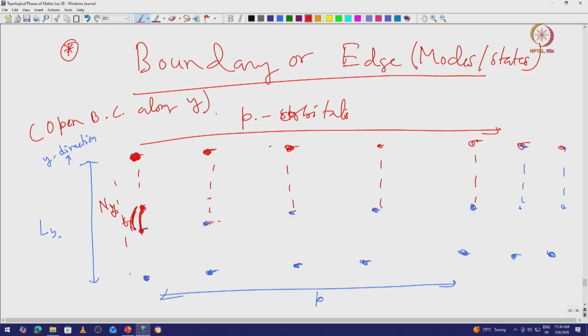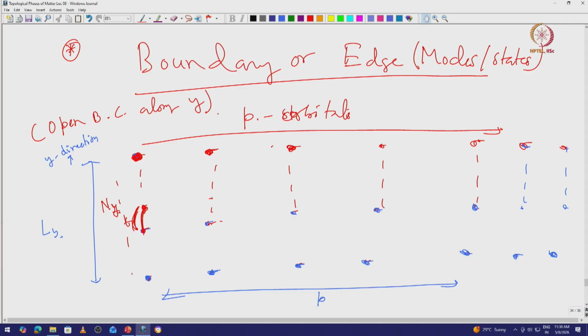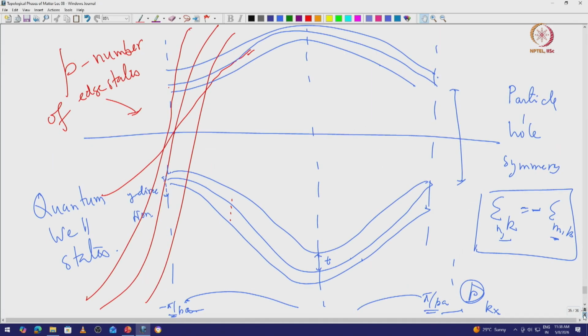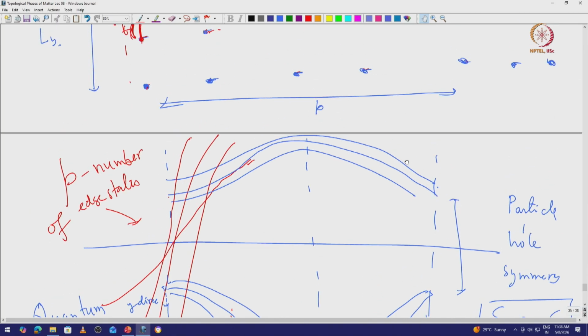There is also periodic boundary condition is lost, and it will also be surprising to us that they will however be localized in the other direction, this direction. Okay.